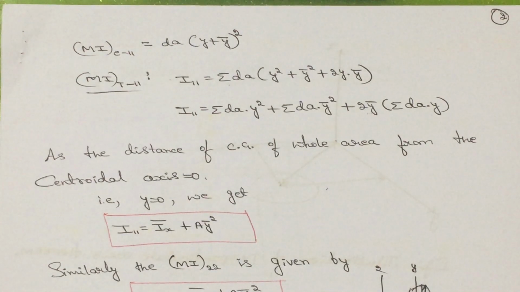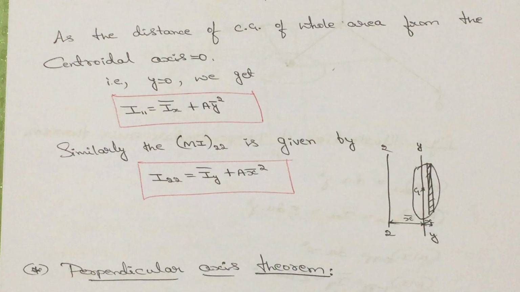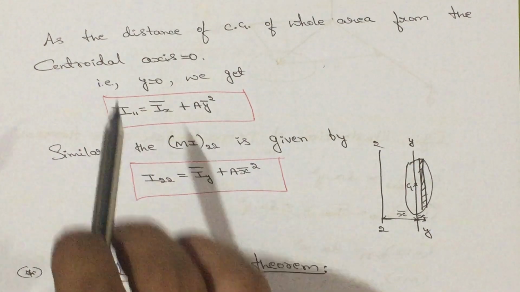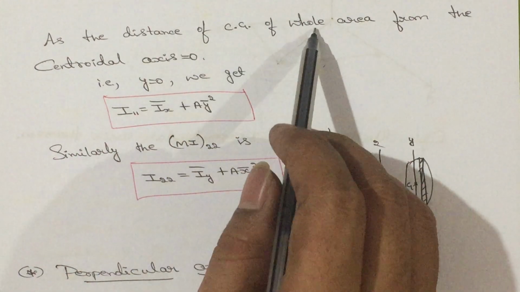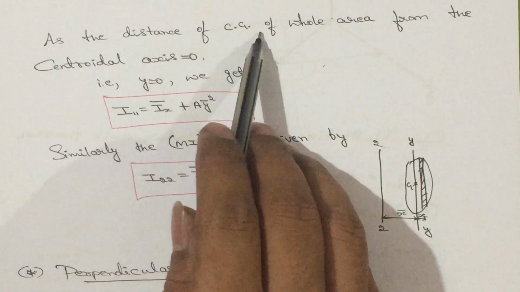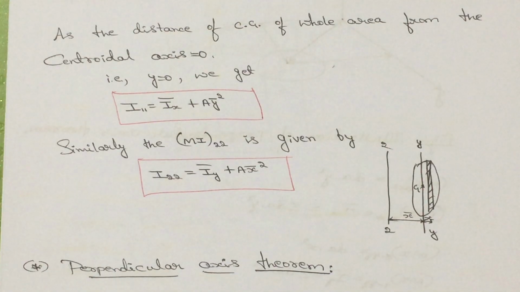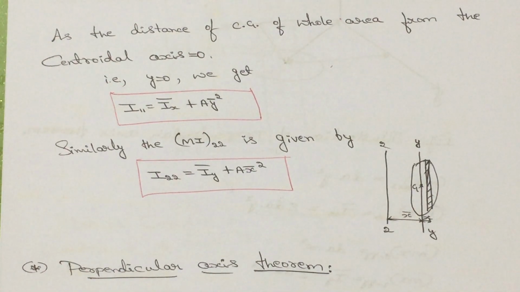Then, as the distance of the CG of the whole area from the centroidal axis is 0, is it not?